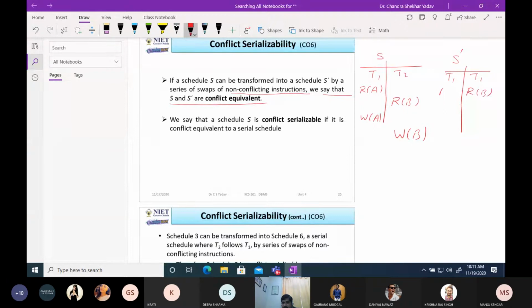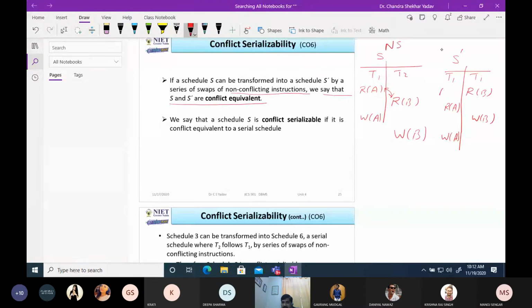First we execute read B and then execute read A, then execute write B, and then... Can we swap these instructions? Hello, please let me know. Can we swap these instructions? Yes, sir. So after swapping, we get another non-serial schedule.